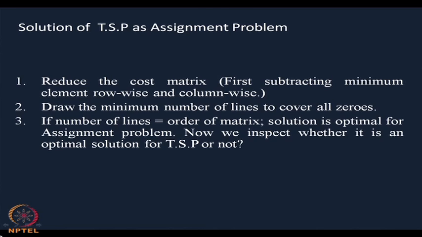So, you have to note one thing, you will treat the problem, you have the cost matrix, treat it as an assignment problem. Just as we solve the assignment problem, you solve it the same way. So, you are finding out the number of lines which will cover all the zeros.